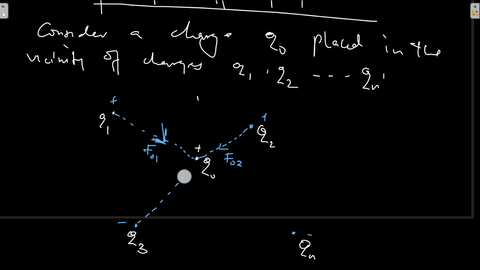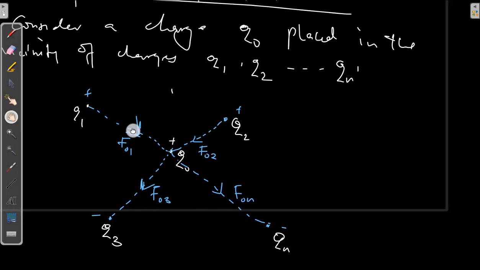In this case, the force is going to be attractive, like this. So this is the force on Q0 due to Q3. And finally, the force between Qn and Q0 is going to be attractive. So the force on Q0 due to Qn. Our goal is to find the resultant force acting on Q0 after the different forces in the system have acted on it. So let's go ahead and do that.